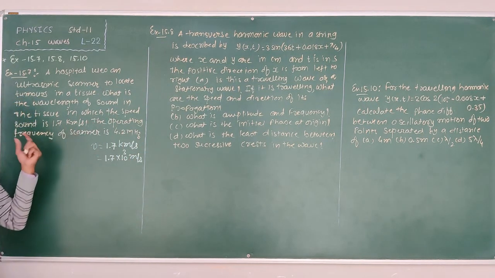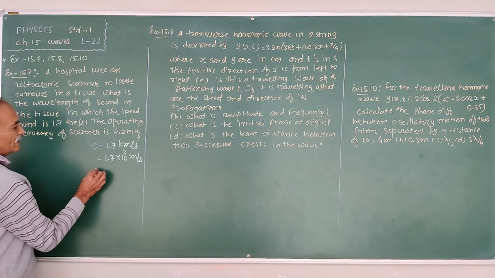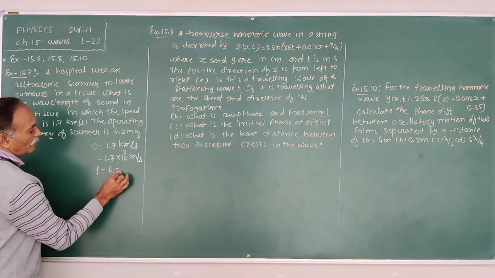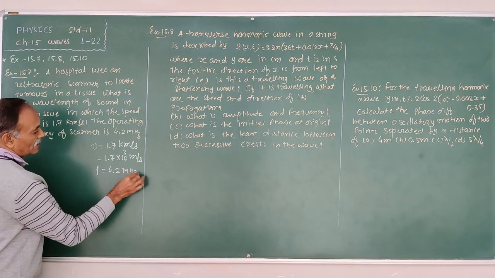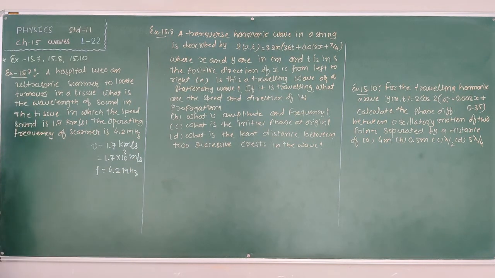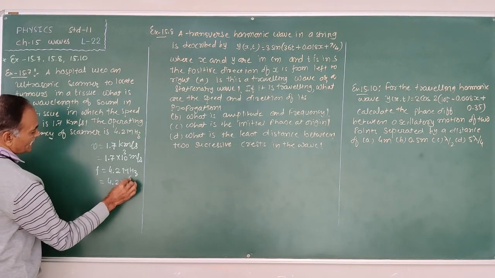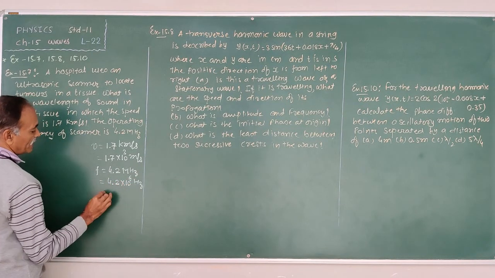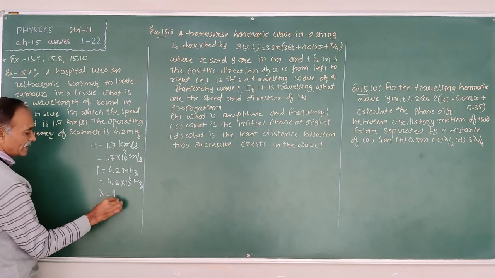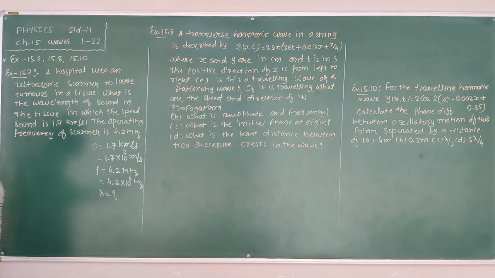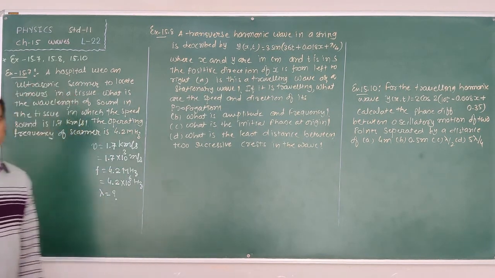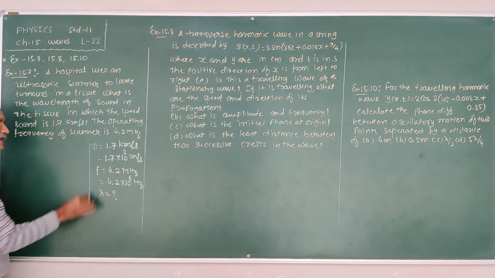Now, the operating frequency of the scanner is given, f is equal to 4.2 megahertz. Convert the megahertz into hertz, therefore 4.2 into 10 to the power 6 hertz. We have to find out the wavelength of ultrasonic sound in tissue.